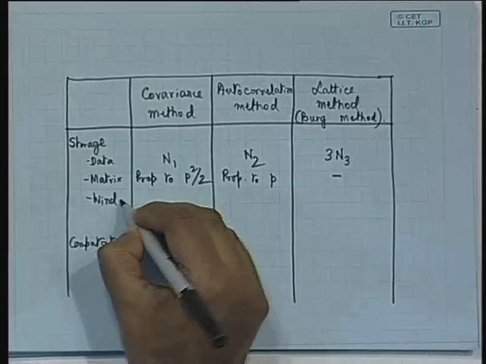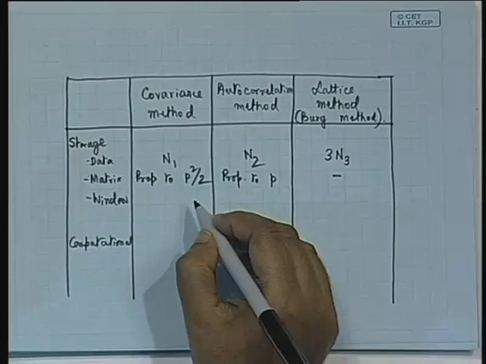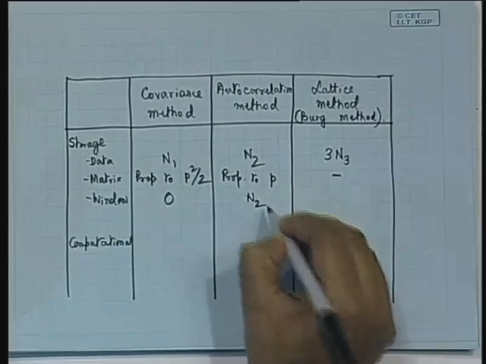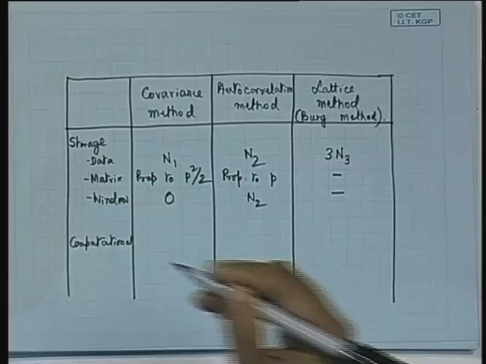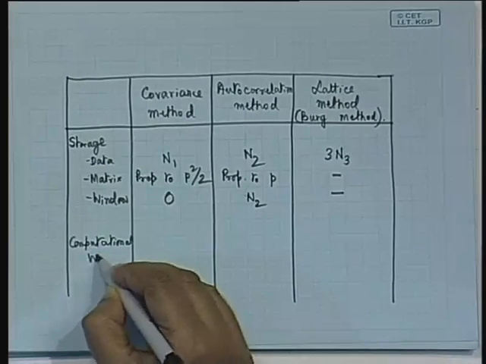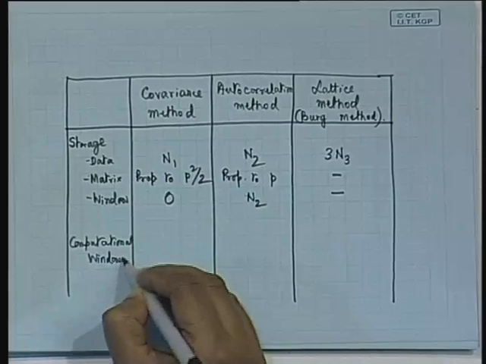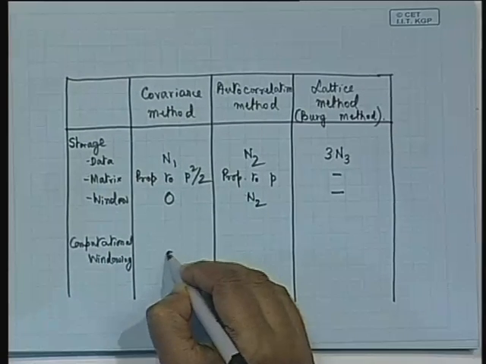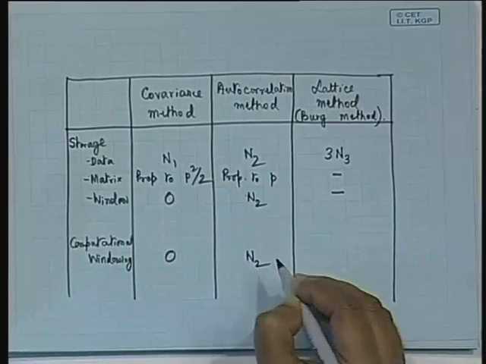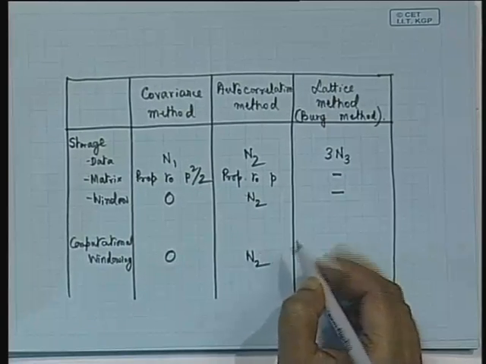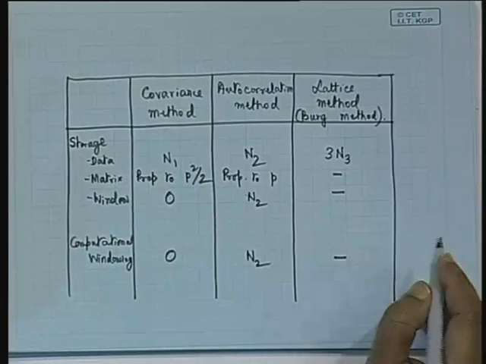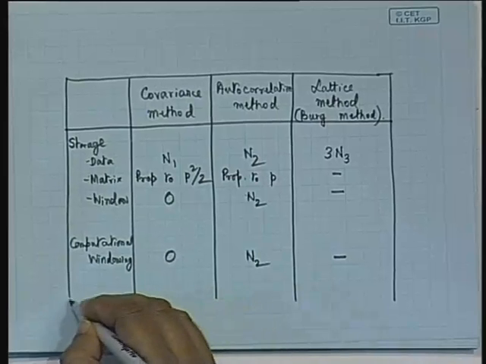Regarding the windowing, the covariance method uses 0, autocorrelation uses N2, and the lattice method does not require any windowing. For the computation of windowing, there is no windowing involved in the covariance method, whereas in the autocorrelation method indeed the windowing is there with N2 number of points, and in the lattice method there is no such windowing concept.